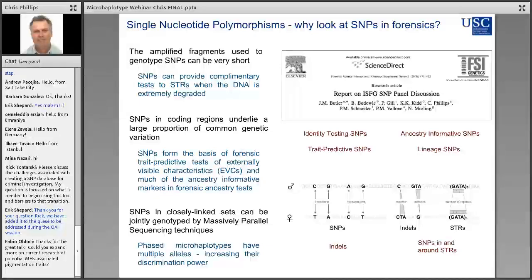So dbSNP classifies all of these markers as short genetic variants: SNPs, indels, and STRs as well. We can type phased microhaplotypes with MPS and SNPs in and around STRs with MPS, of course. So we can begin to home in on SNP variation within a repeat region, which wasn't possible with length-based techniques, and we can begin to assemble SNPs in phased strands.